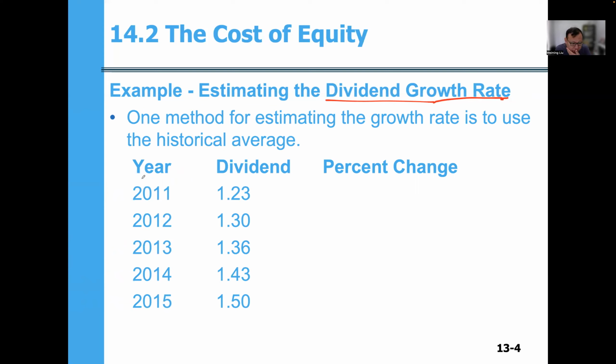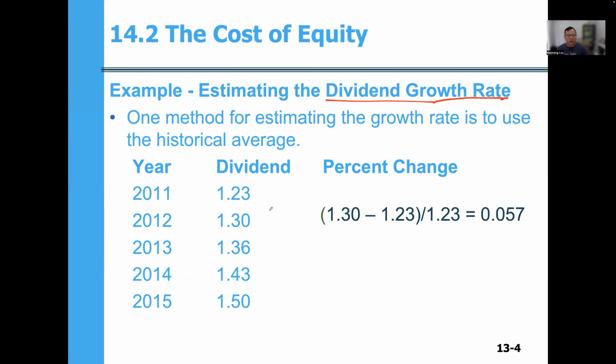So now take a look at this. This record shows me that from the year 2011 to the year 2015, the information provides the amount of dividend provided for each year. We're going to rely on this to estimate what the growth rate is. Now you can calculate the percentage of change.